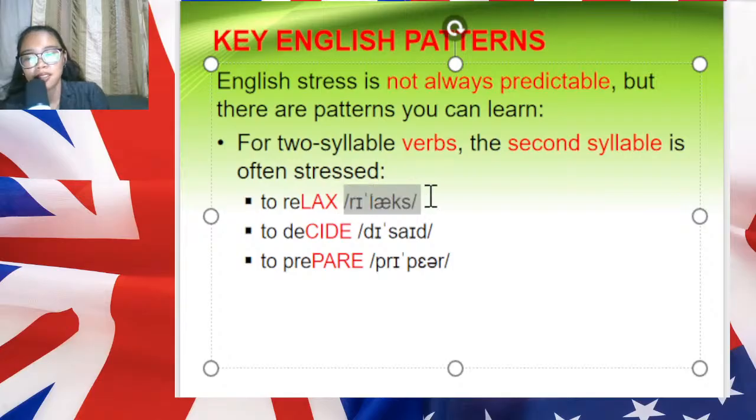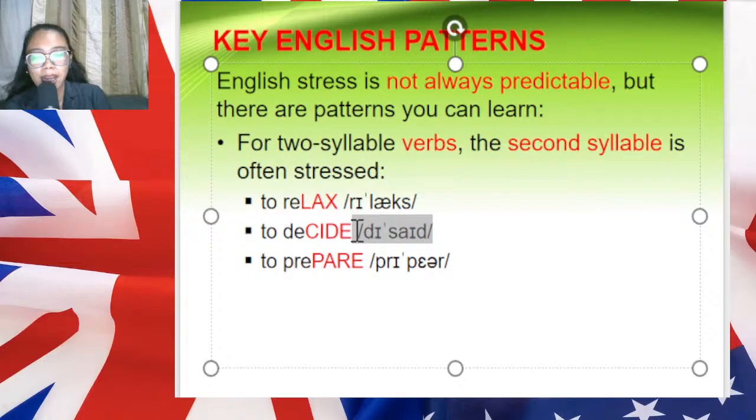This is just a way to really look into the IPA transcription or IPA as a whole. There are so many symbols attached to it. So as much as possible, if we really want to improve our pronunciation skills, we should be familiar with this in a way that it could really help us practice our pronunciation. Okay? Because every symbol corresponds to only one sound.